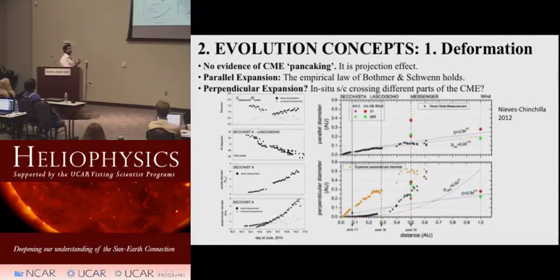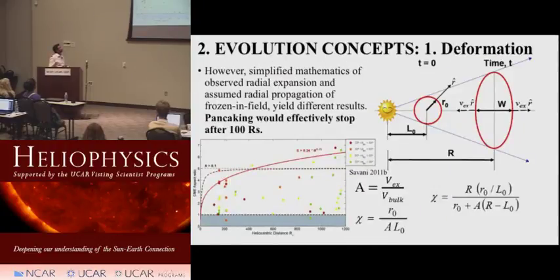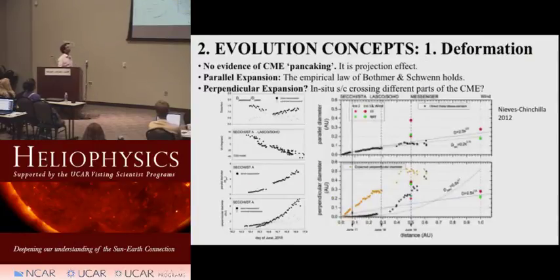So parallel meaning parallel to the radial. But perpendicular, meaning, go back. What they're saying, parallel, they mean along this line, and perpendicular, they mean out of the ecliptic. So the parallel, along the radial, follows the standard power law, and that's fine.